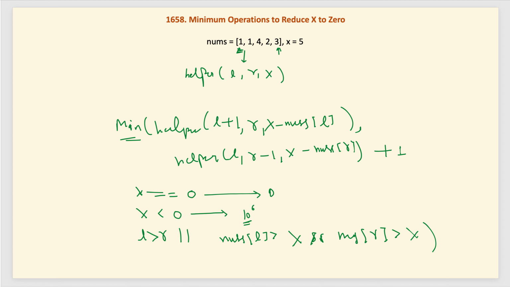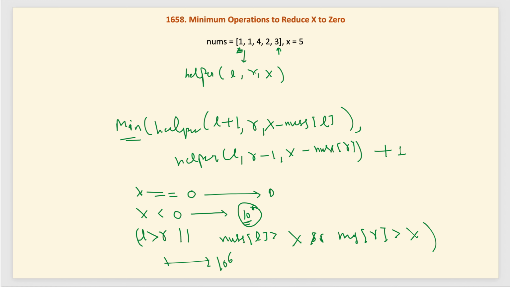In that case this is not giving us a valid solution, so we again return the maximum that we defined as 10 to the power 6. Whenever we return this value it automatically cancels out, because we take the minimum of them.